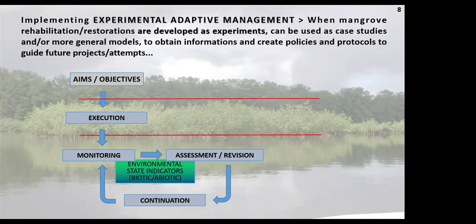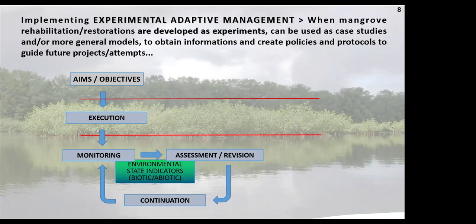So it's extremely important to take information of the restoration issues and outcomes that we are applying. This framework is called experimental adaptive management, and obviously it's more practicable in smaller projects.